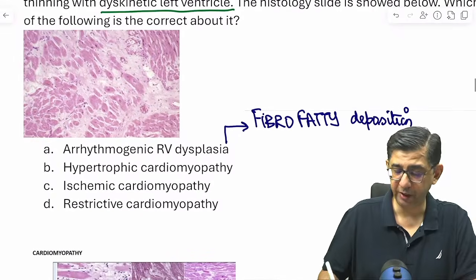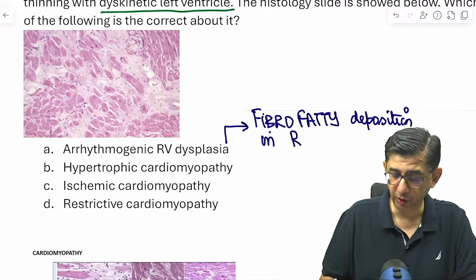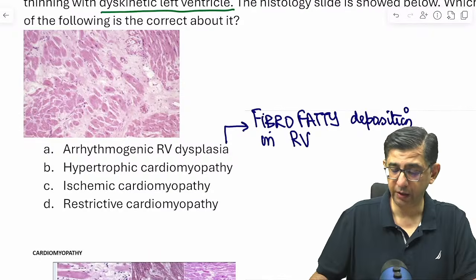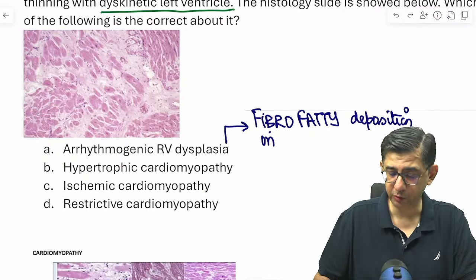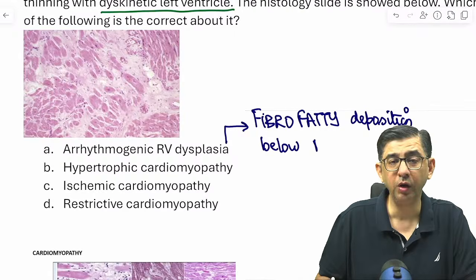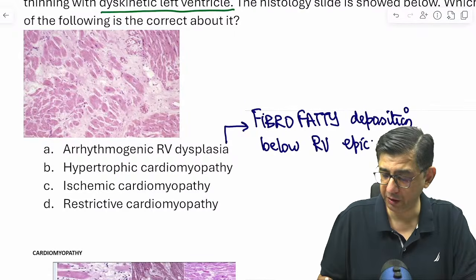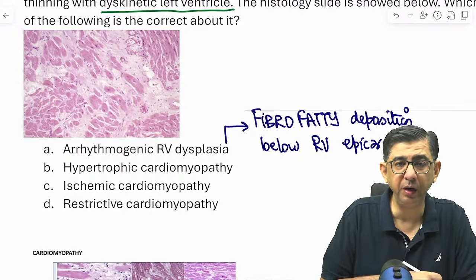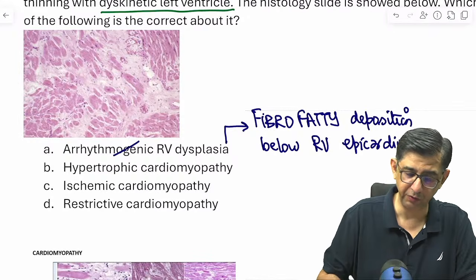So fibrofatty deposition in the right ventricle. If I say that fibrofatty deposition is present just below the right ventricular epicardium, only then you will say that the answer to this question can be A. But that doesn't fit anywhere, so it is not arrhythmogenic right ventricular dysplasia.